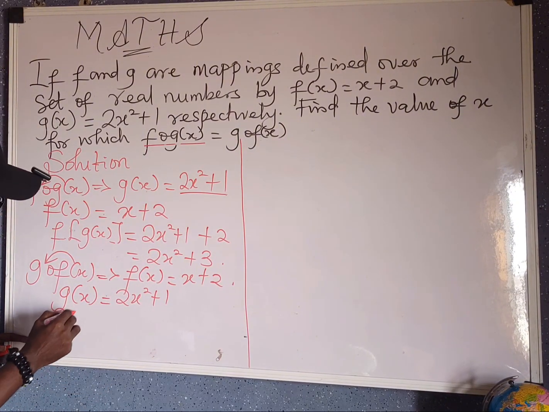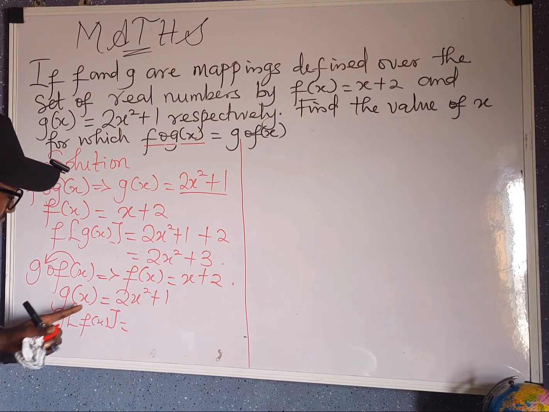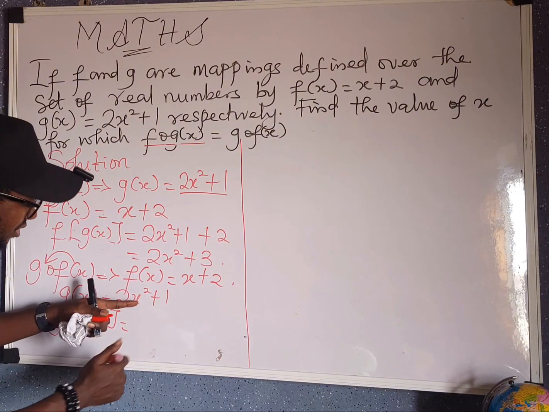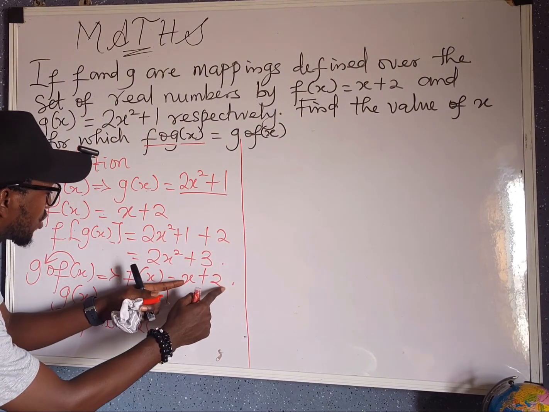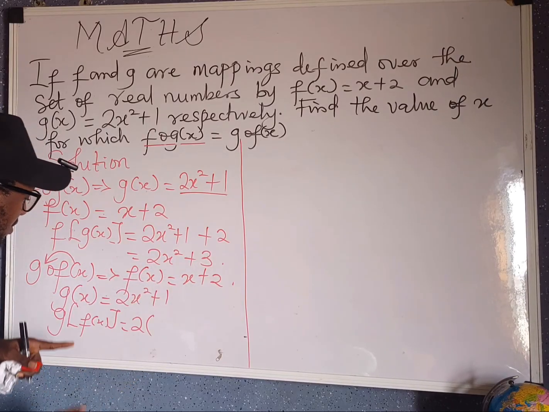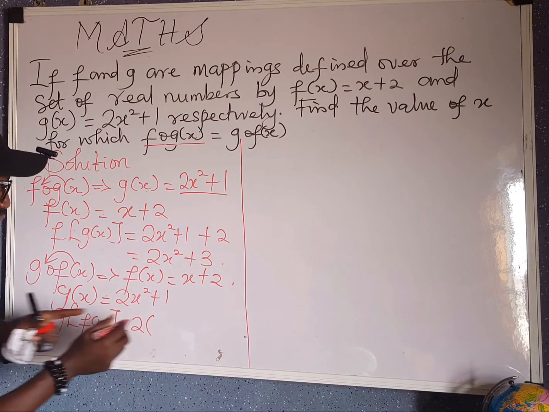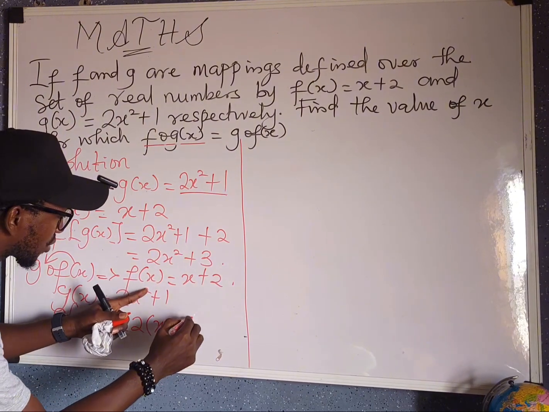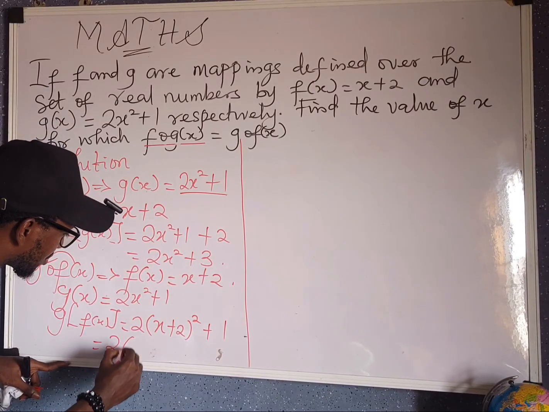So that means g of f of x, meaning that anywhere you see x, you substitute f of x. So that's this place. We have 2 brackets, no longer x, but you use the value of f of x here. So f of x is x plus 2. There is a square there, plus 1. So we have 2 brackets.